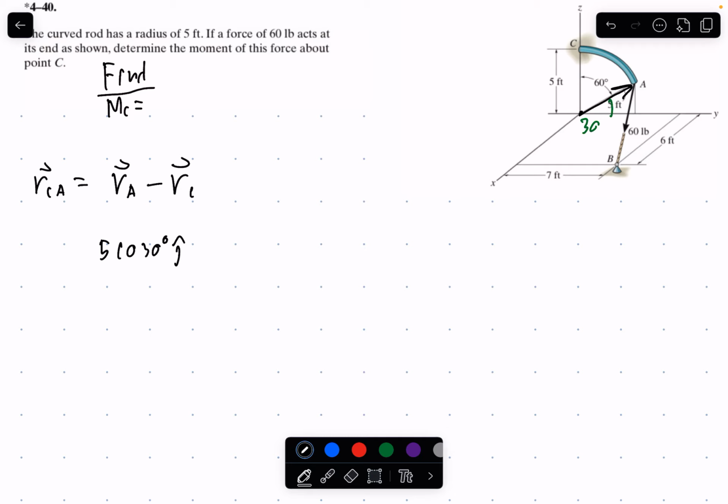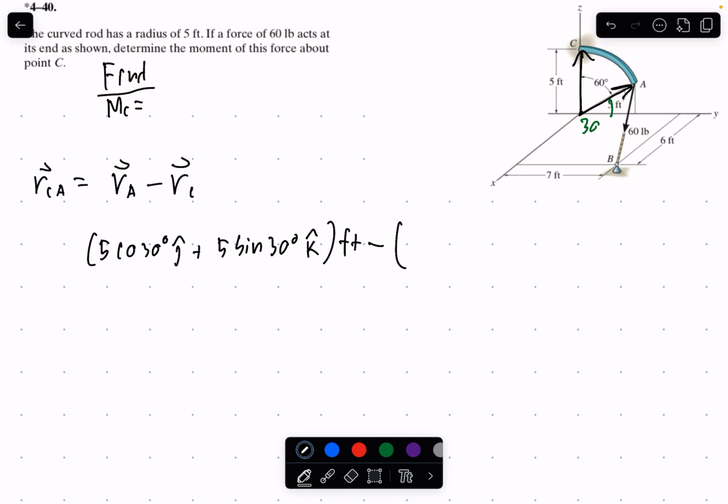And looking at the z direction, we're going to have a similar 5 feet, using the component sine of 30, in the k hat direction. And that's all going to be in feet. We'll be subtracting the vector from the origin to C. As we can clearly see right here, there's only one component.